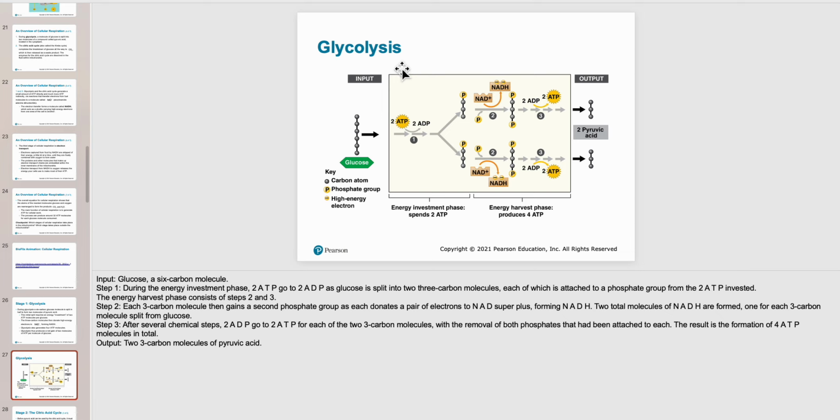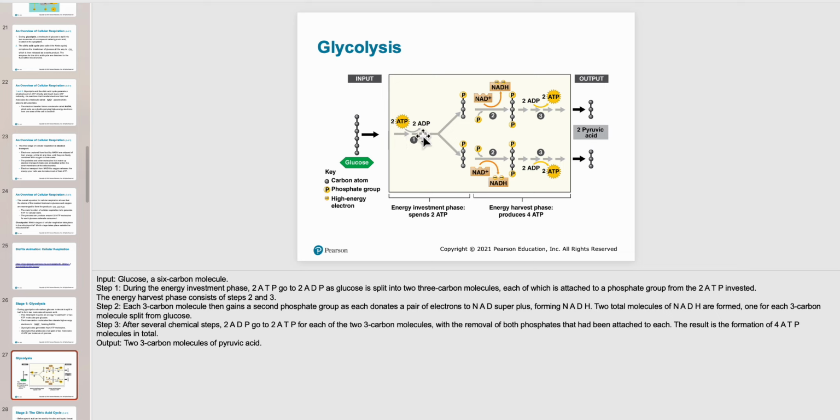Now, glycolysis, as we said, is taking place in the cytoplasm. Here's our glucose. They're showing it to you in 6-carbon format here, like a little stick figure way. So 6 carbons. Notice we are putting 2 ATPs in. Like I said in the business example, you got to put money in to get money out. So in this case, we're investing 2 ATPs going in.